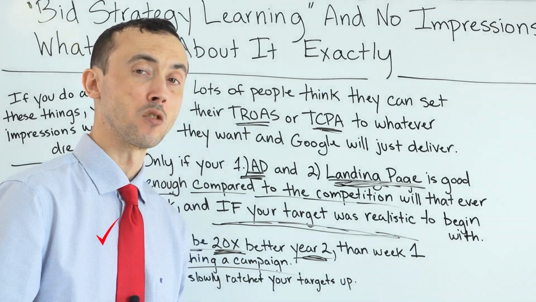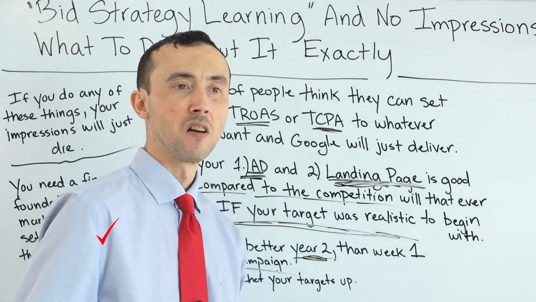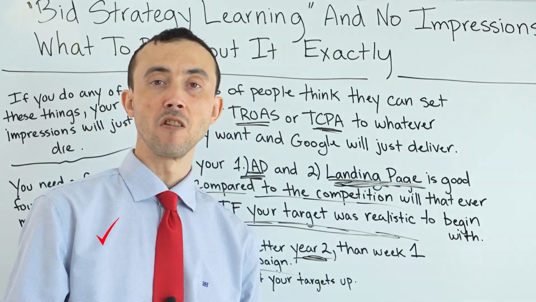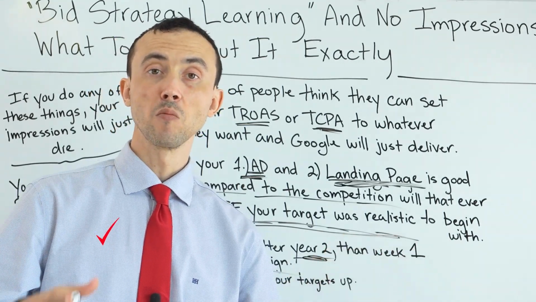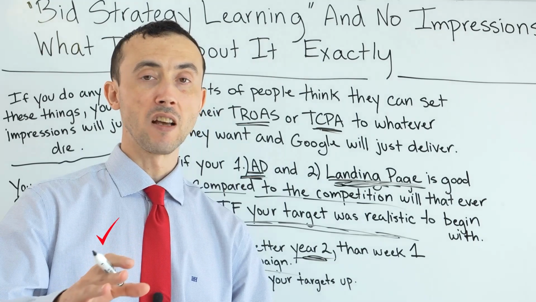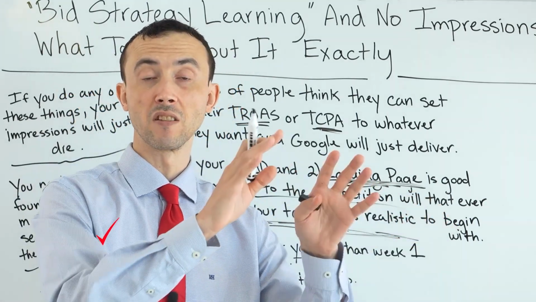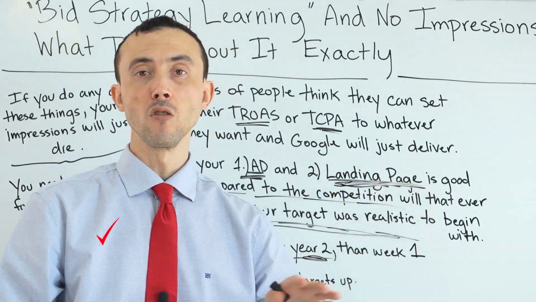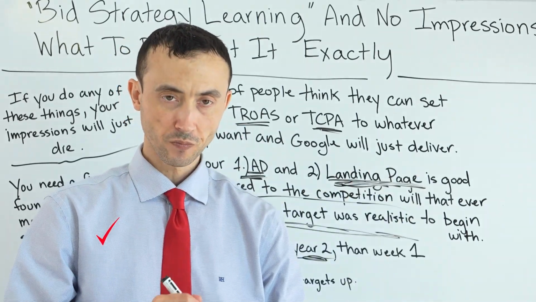People completely underestimate how much time, money, and effort they're going to have to put into their ads to get to where they're working, because again, Google's system is predicated on machine learning, trying certain things, seeing what works and doesn't work, and running the stuff that works, because the stuff that works provides a great experience to their users, so that those users want to come back to Google and click on ads in the future.